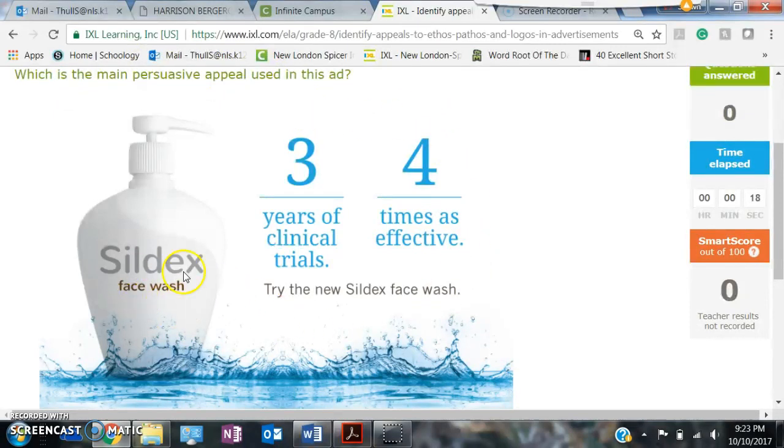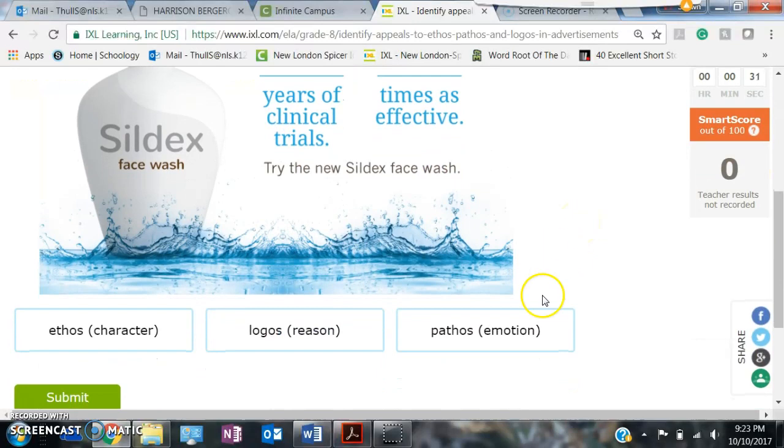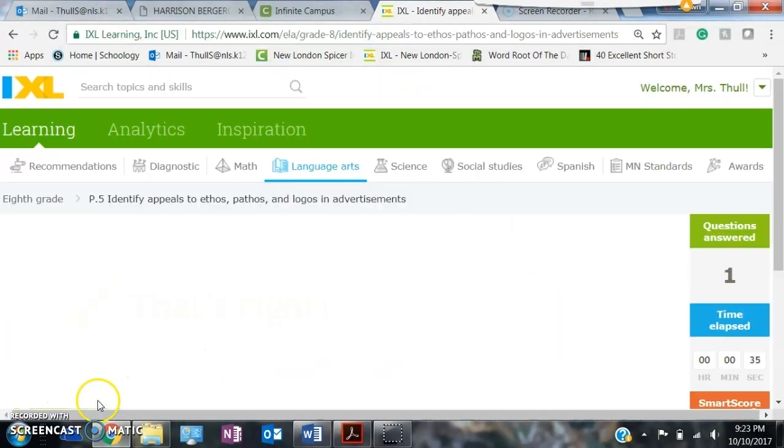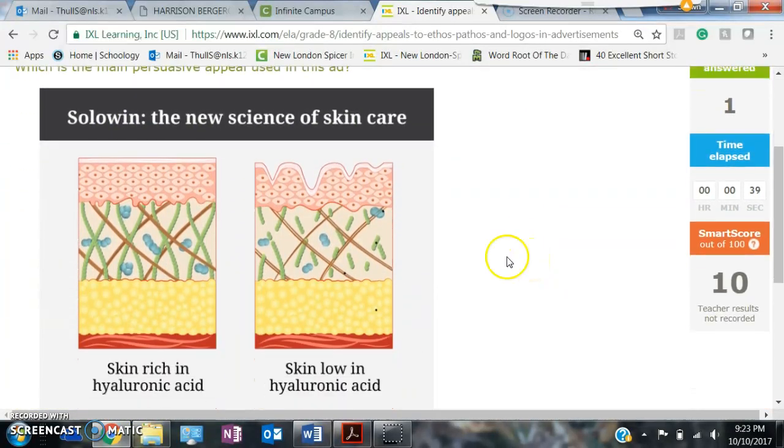So it's going to ask you, what is the main persuasive appeal used in this ad? And the first one is Slide X face wash. It says 3 years of clinical trials and 4 times as effective. So we've got numbers in this ad, which tells us that it should probably be logos because it's a statistic. So let's see if Mrs. Tool is right. Okay. I'm going to do one more with you.